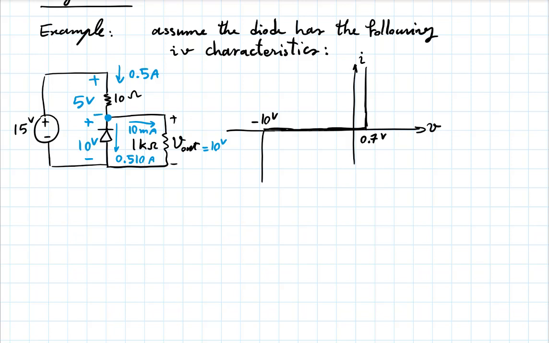Is that allowed, or is that a contradiction? A reverse current of 0.51 amp. Well, let's look at the IV characteristics. If the diode has 10 volts negative here, can it have a reverse current of 0.51 amps? Yeah, so it would be somewhere here, let's say.